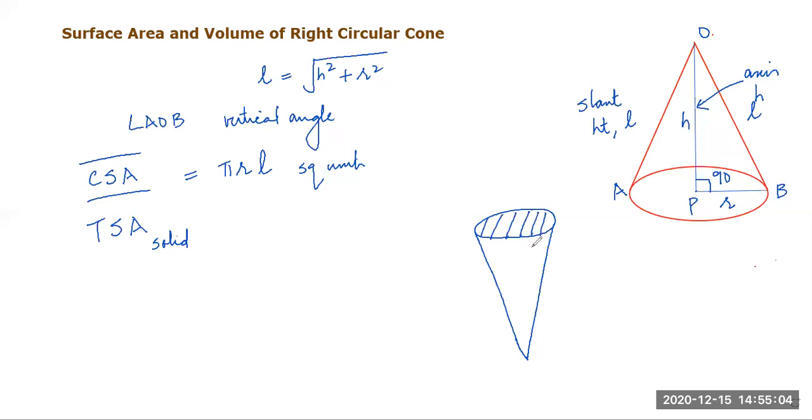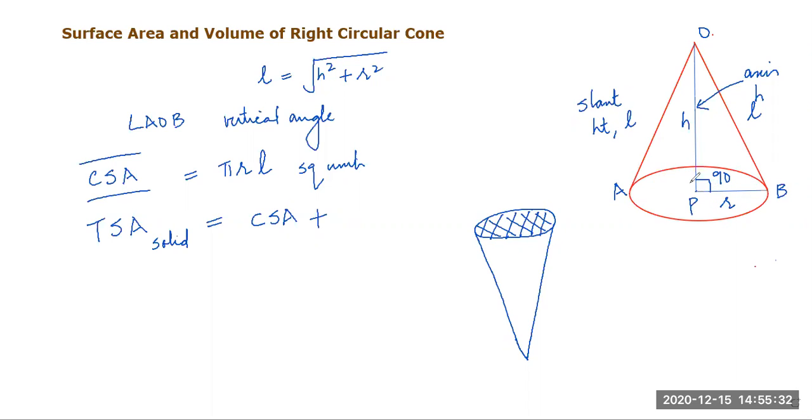This is the example of a solid cone. So total surface area of the solid cone would be equal to curved surface area plus the area of the base circle. This surface of the base circle is generated only in case of a solid cone. If the cone is hollow, then this surface is not generated, so its area will not be calculated.